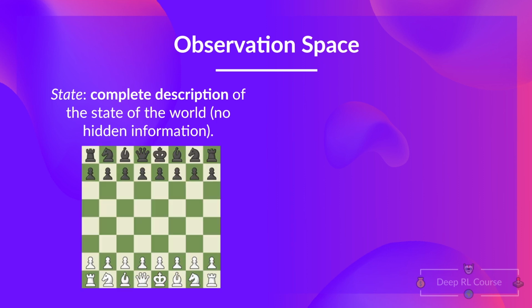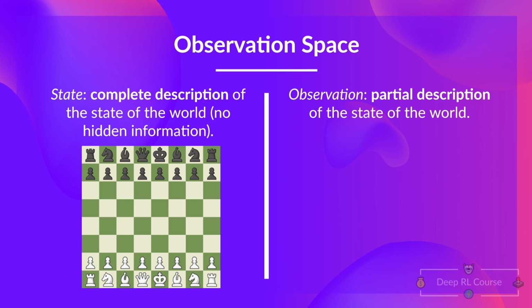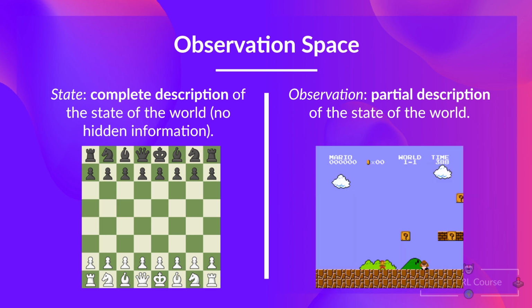If we take the game of chess, we receive a state from the environment because we receive the whole chessboard. There is nothing hidden. That's why we call it a state. An observation is a partial description of the state of the world in a partially observed environment. For instance, in Super Mario Bros., we only see a part of the level close to the player.